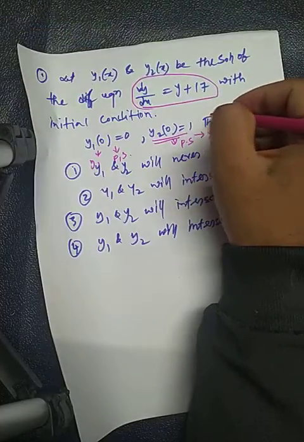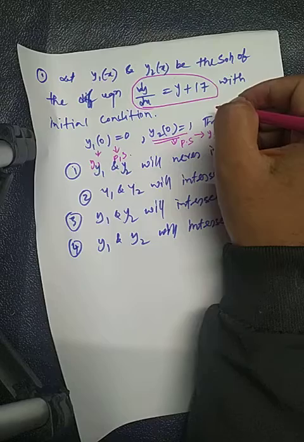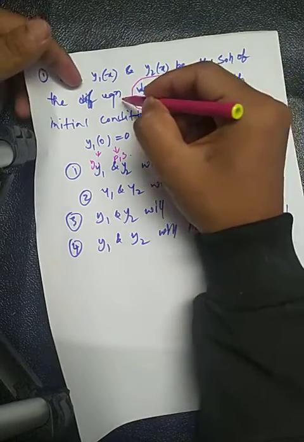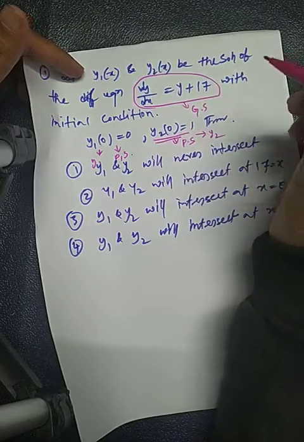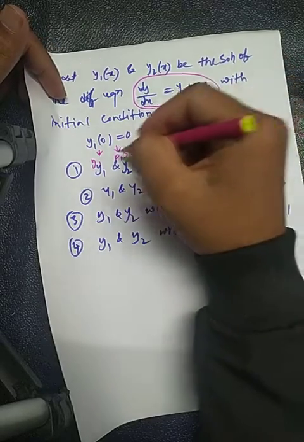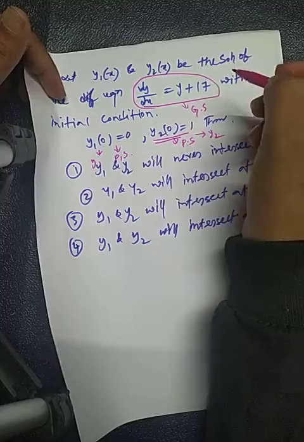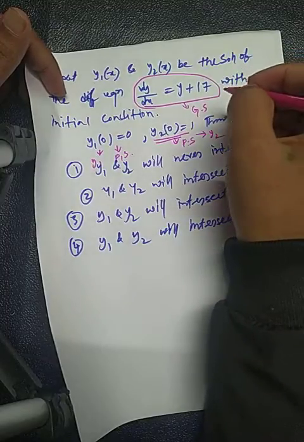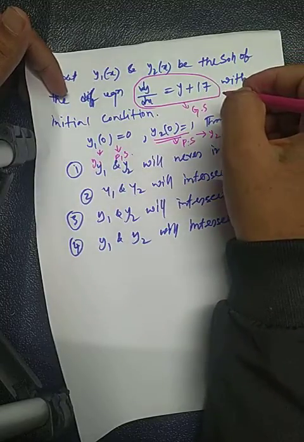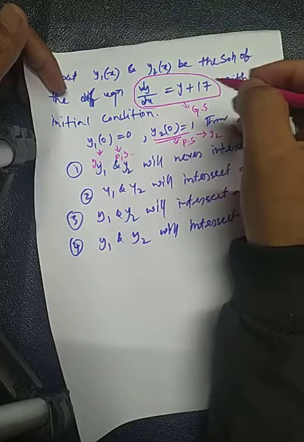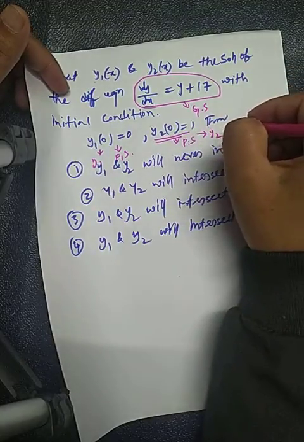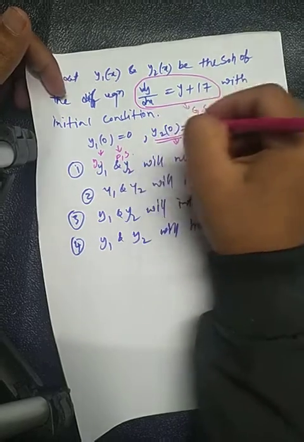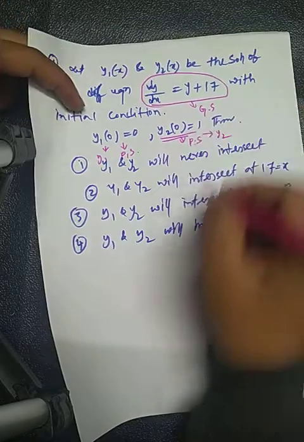To get the particular solutions of this differential equation, we first have to calculate the general solution, then the particular solution. Then we will get two solutions in the form of curves, and we have to check when these two curves will intersect. So it's basically an easy problem.